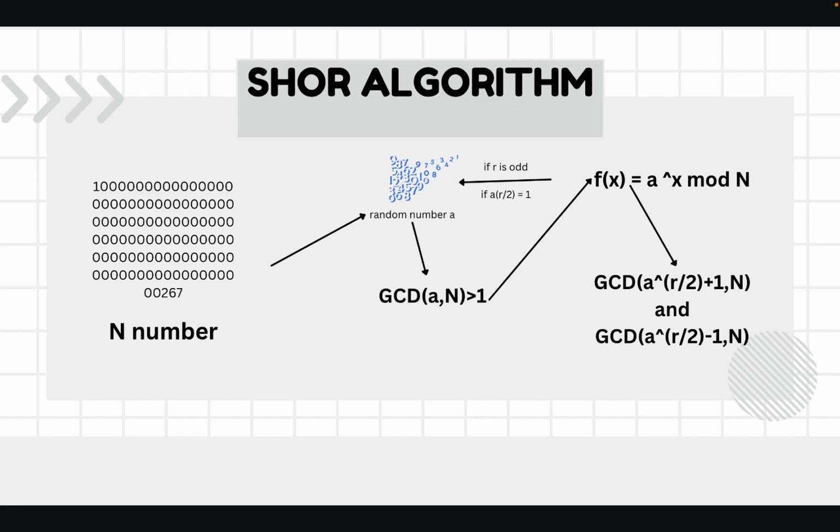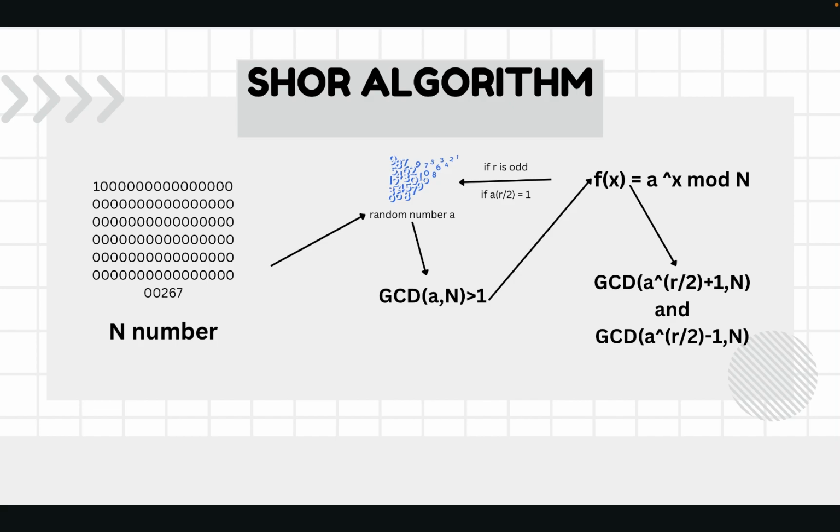So for the summary, the Shor algorithm utilises both classical and quantum computations. The classical part involves choosing a random number, computing the GCD, and interpreting the result of the quantum period finding.